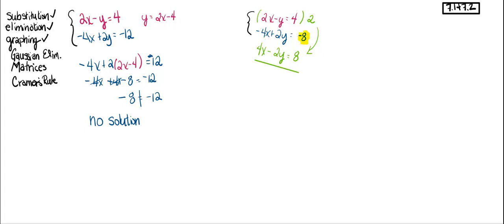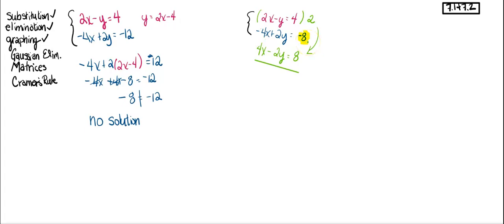But what if I were to take this system of equations here on the left, and I changed one of the numbers? I let the bottom equation equal negative 8 instead of negative 12. If I were to solve this, and I'm going to use the elimination method, just to show that method again, what would my solutions be?